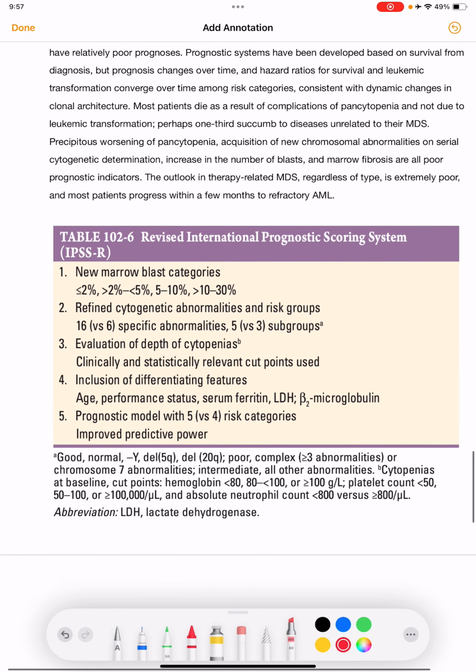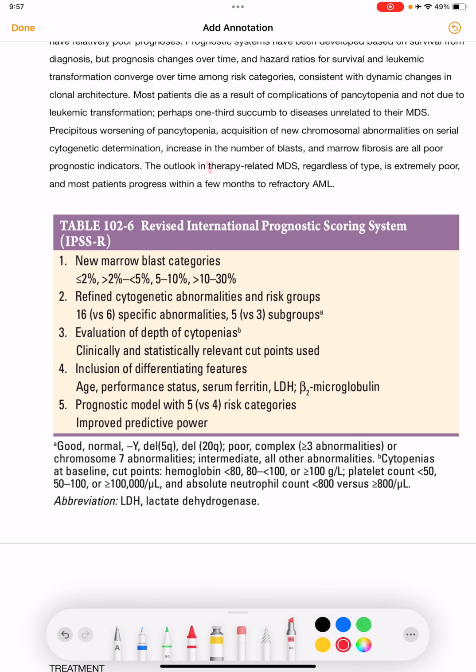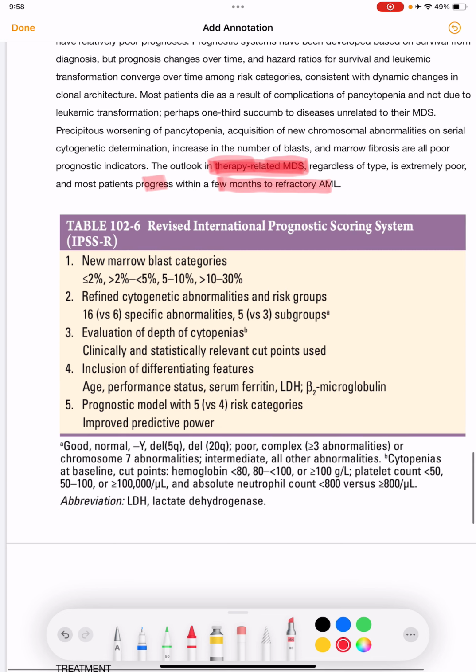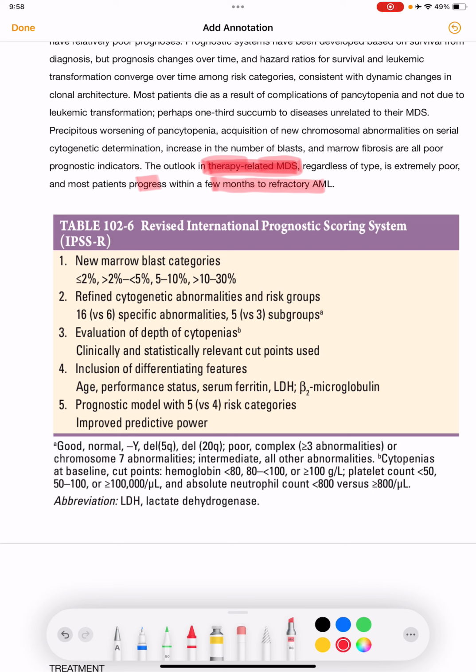The outlook in therapy related MDS, regardless of type, is extremely poor, and most patients progress within a few months to refractory AML. The patient would have taken some chemotherapy.